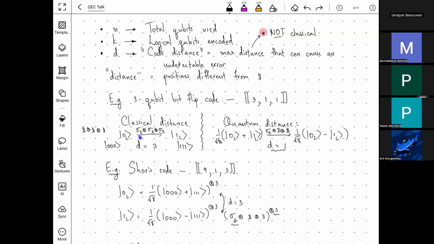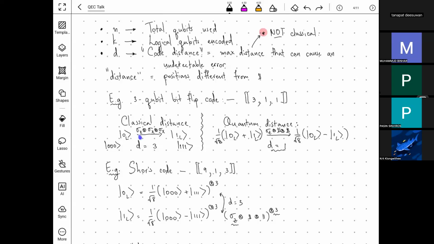But now, because the quantum distance is defined differently, it is still counting the positions that are different from 1, but it's instead defined as the maximum distance that can cause an undetectable error. This can be directly expressed in terms of the phase flip, because the 3-qubit bit flip code cannot detect the phase flip.